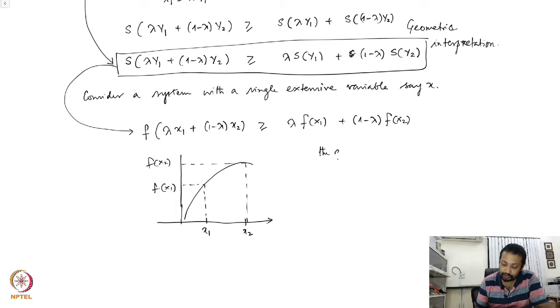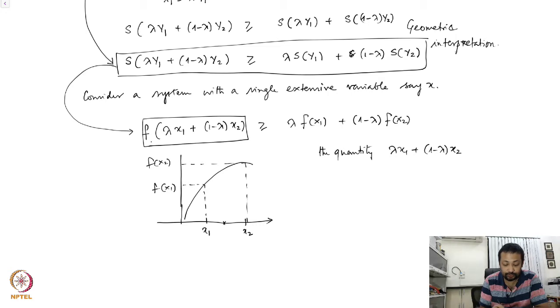The quantity lambda x1 plus 1 minus lambda x2 is any value in between x1 and x2. Therefore, the left hand side corresponds to the value of the function at an intermediate point lying between x1 and x2. It can be anywhere over here.